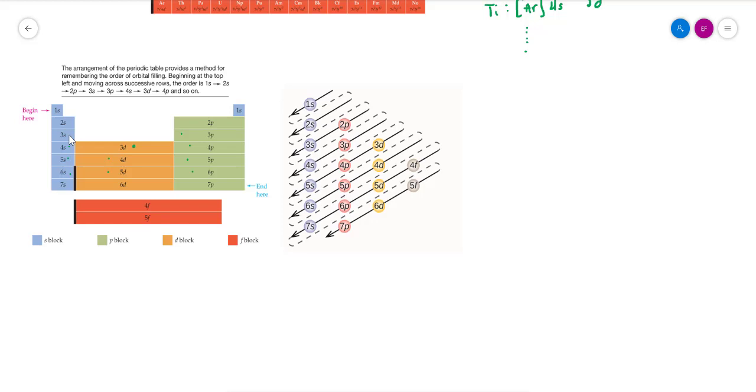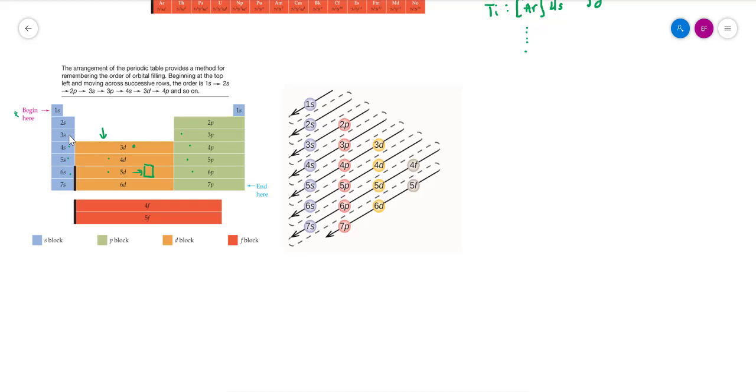And so it's like this orange block here is just shifted down one row from the s and the p orbitals, right? So if you think about it this way, you'll always get it right. So you just identify your element right here, and then if you want to write the electron configuration, you start up in the top corner where it says begin here, and you keep filling up electrons as you move from left to right and then down a row all the way until you get to your desired element.